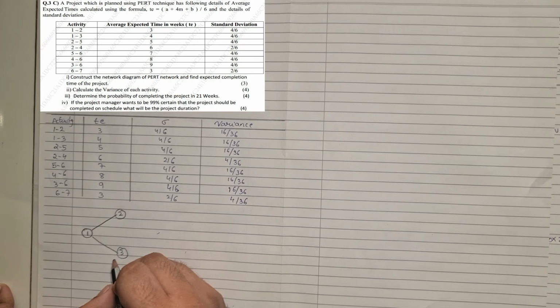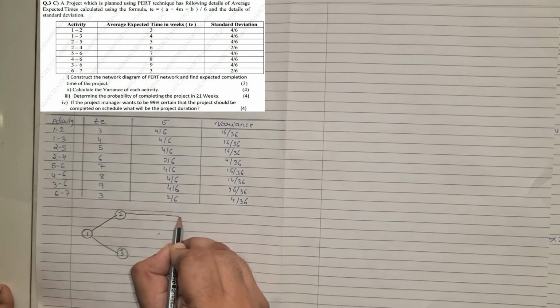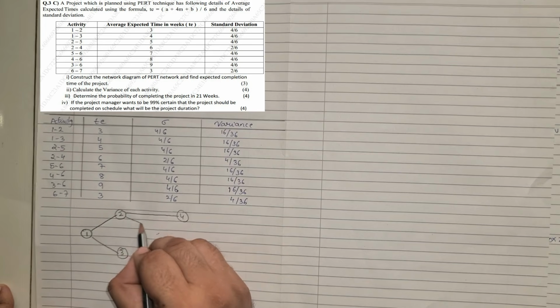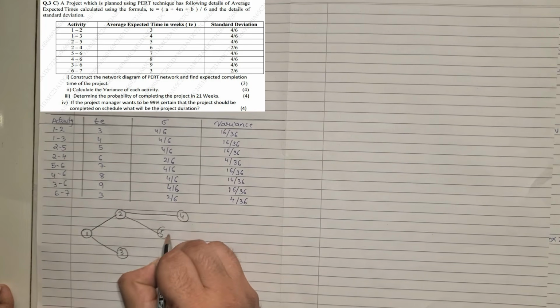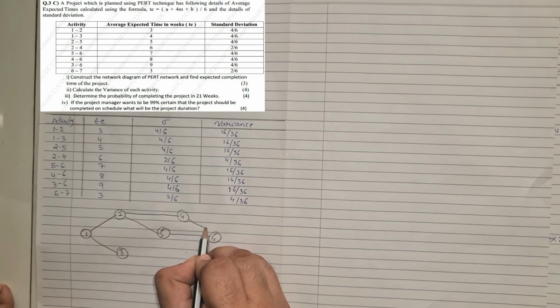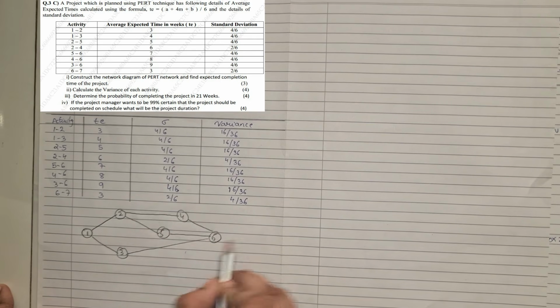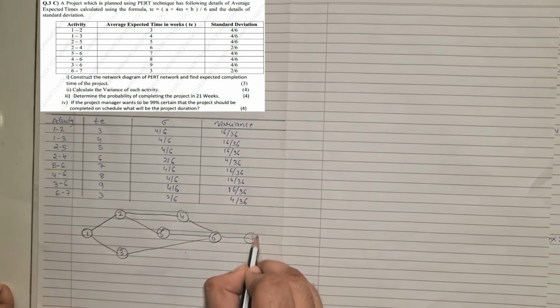From 2 we have activity 4 and activity 5. Then 5 to 6, so from 5 we have activity 6 coming out. 4 to 6, so 4 is also getting merged to 6. 3 to 6, so 3 is also getting merged to 6, and 6 is getting merged to 7.